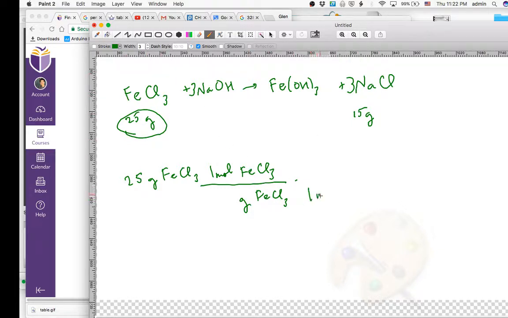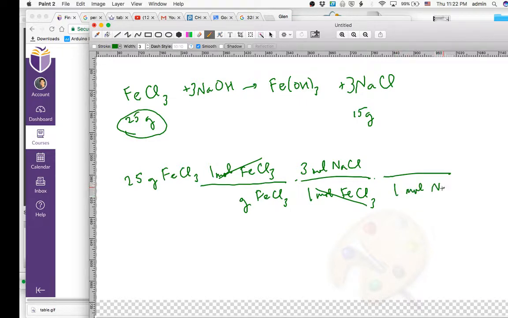So 1 mole of iron 3 chloride will get you 3 moles of sodium chloride. And then the moles of iron 3 chloride will be cancelled, and I need to cancel the moles of sodium chloride, so 1 mole of sodium chloride is a certain number of grams. I think it's 58.444 something grams.